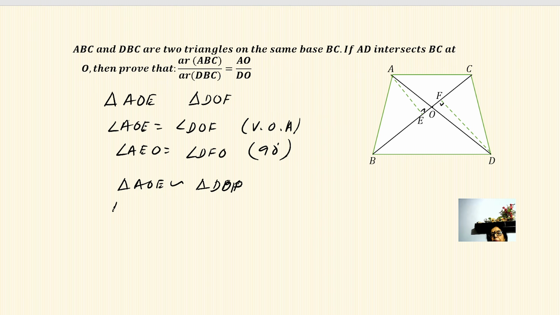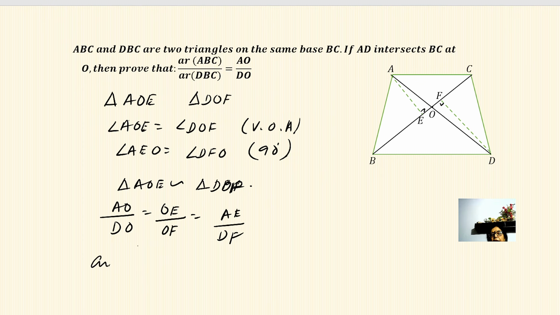So we can write down the proportionality relation: AO by DO is equal to OE by OF is equal to AE by DF. So we get this relation. Now we take the two big triangles ABC and DBC.